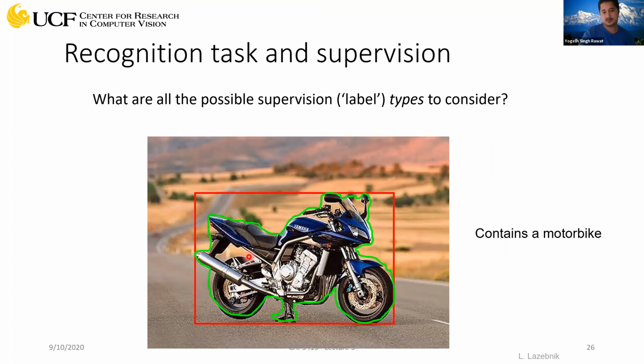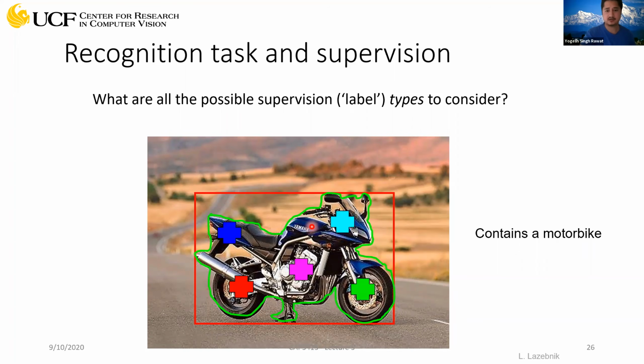You can be more sophisticated. You can say that I exactly want to locate where the motorbike is, so you can draw the boundary around the motorbike. This is another kind of annotation you can have, and it is a pixel-wise annotation, because at each pixel you know whether there is a motorbike present or not.